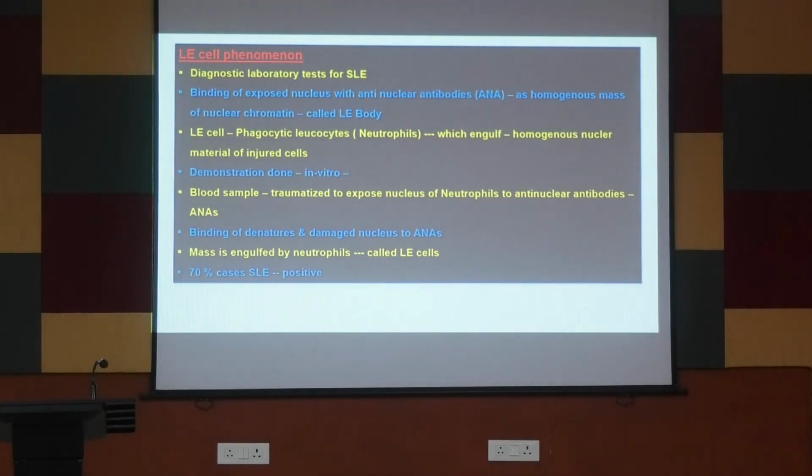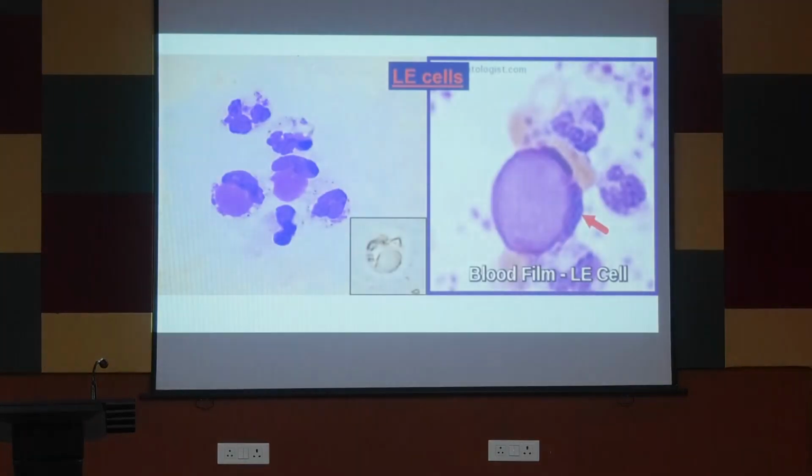Before this pattern of immunofluorescence, the pathologists would do an LE cell preparation. By the LE cell phenomenon they identify it, because the antibody produced in the blood system is identified by the pathologist in the laboratory as this specific cell. The antibody forms in the body and is engulfed by the polymorphs.